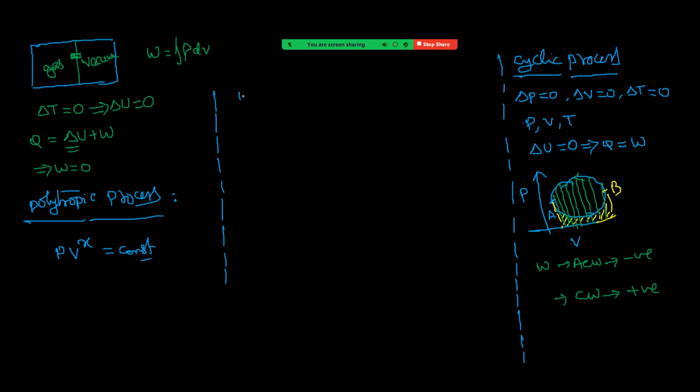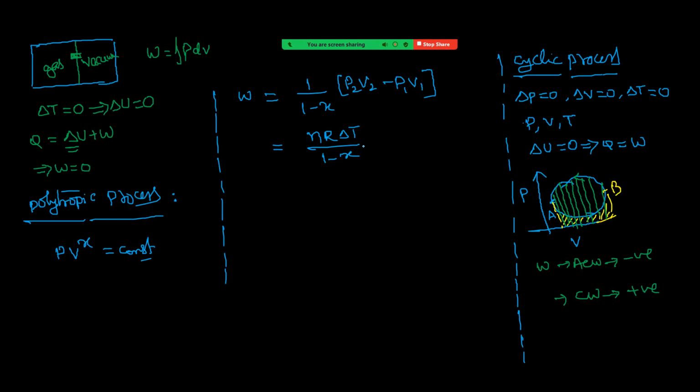That means in this process, work done is equal to, we got there 1 by 1 minus gamma, it is 1 by 1 minus x into P2V2 minus P1V1. So we are taking as it is what we have discussed in the adiabatic process. Just take in the place of gamma it is x, or write the same thing as nR delta T upon 1 minus x.